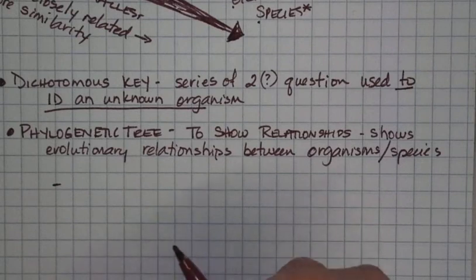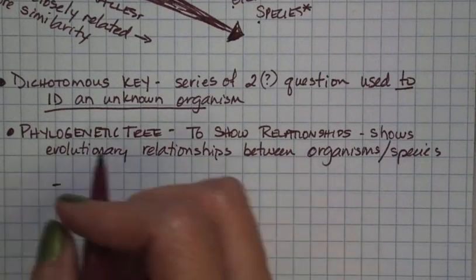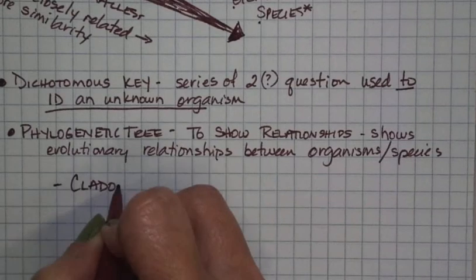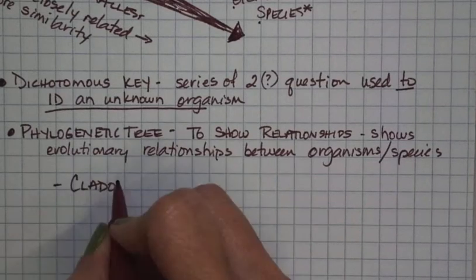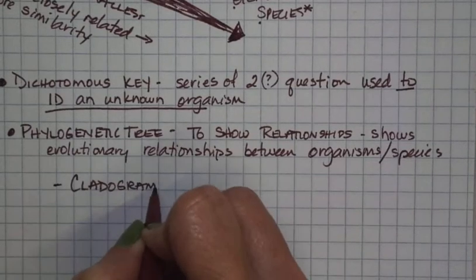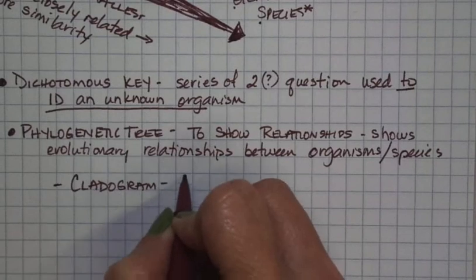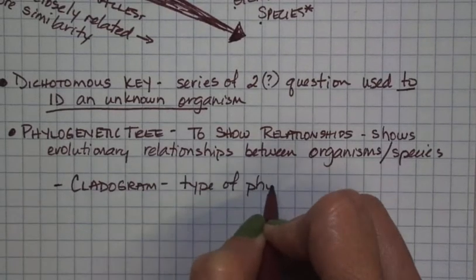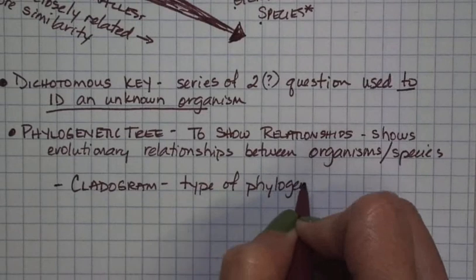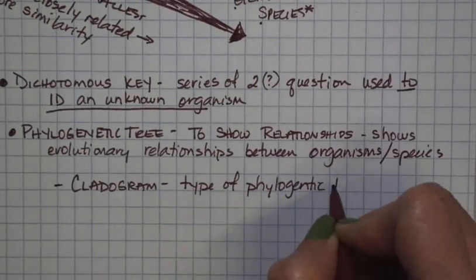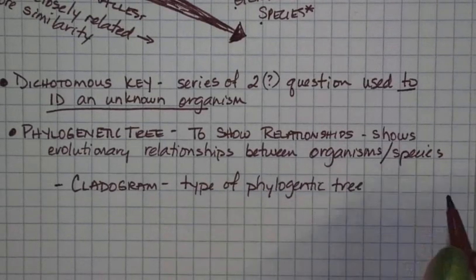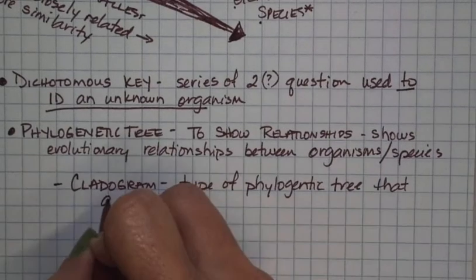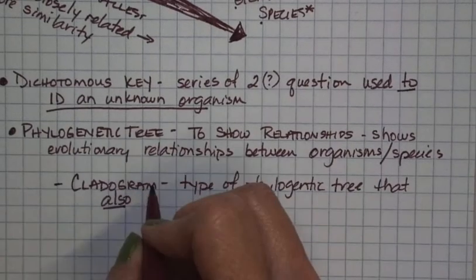You will see both of these in the stuff that we're going to be working on. A cladogram is a type of phylogenetic tree that also incorporates when. Incorporates, includes.